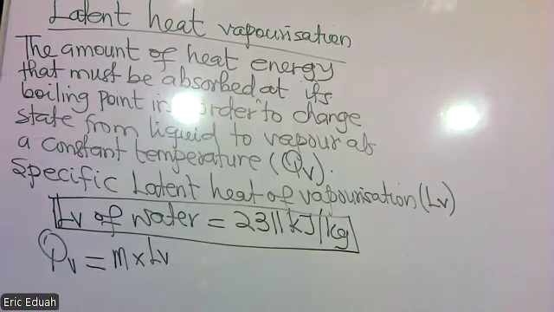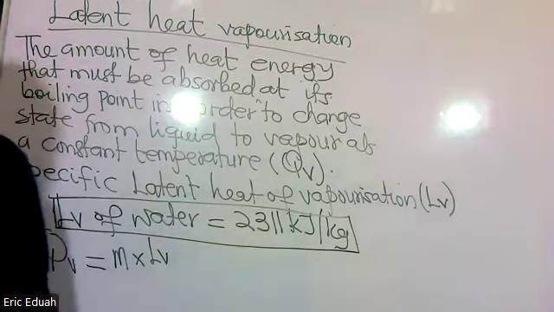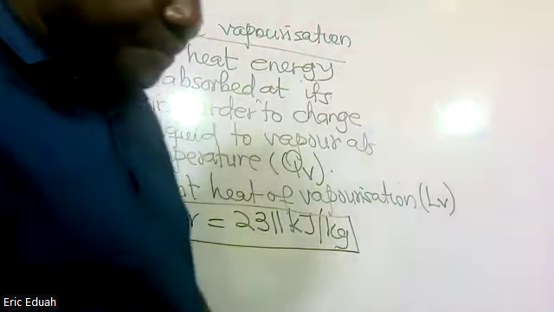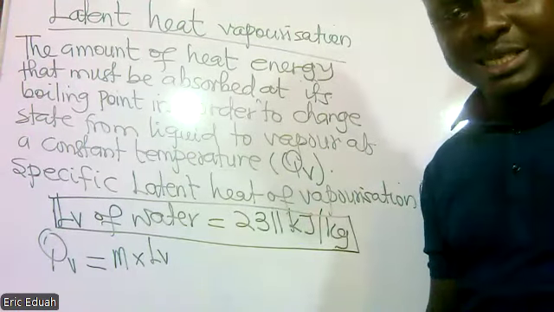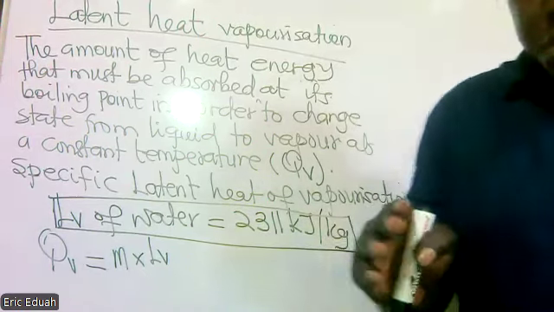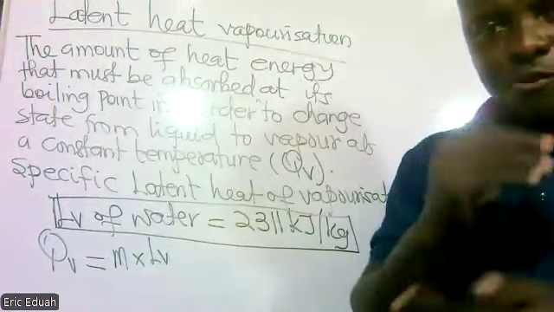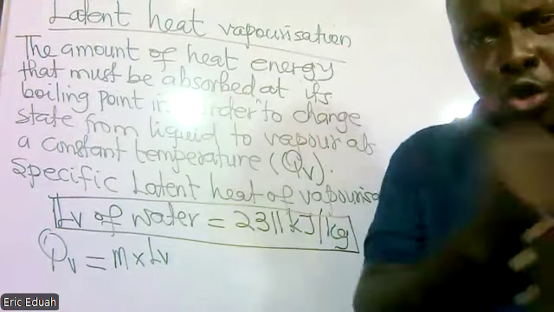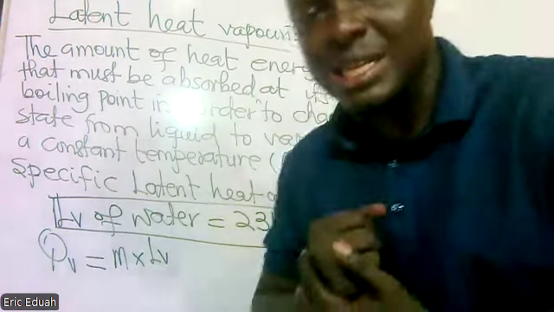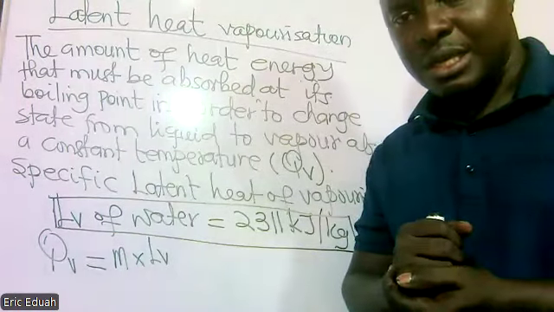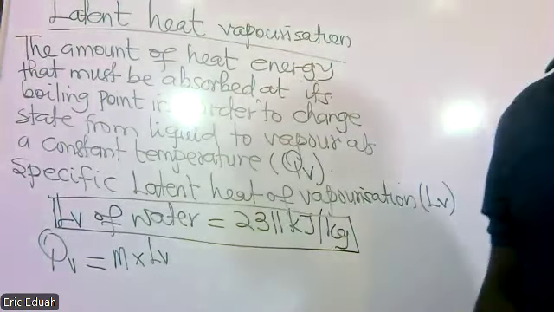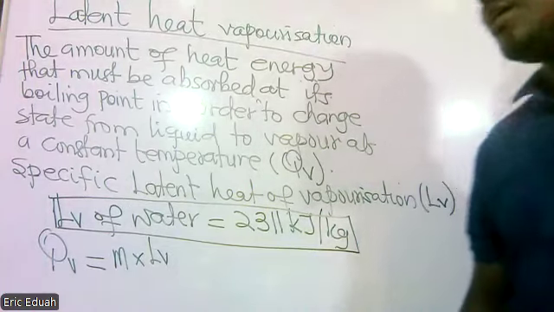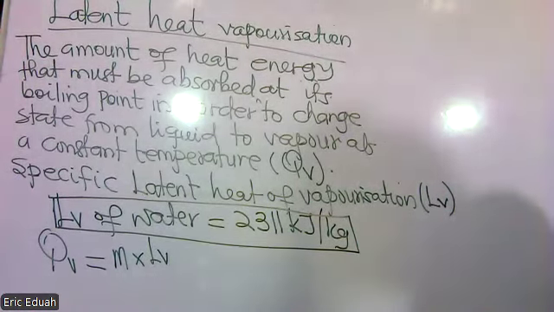Okay, so basically what it means is that, just as Frida said, 1 kilogram mass of water must absorb 2,311 kilojoules of heat energy, at its boiling point, in order to change state from liquid to vapor at a constant temperature.